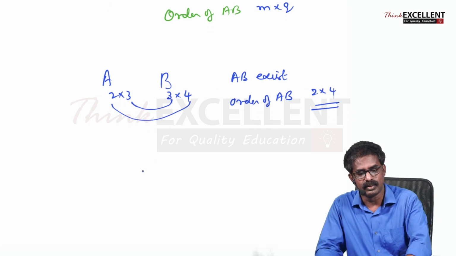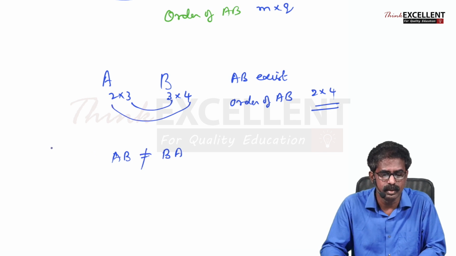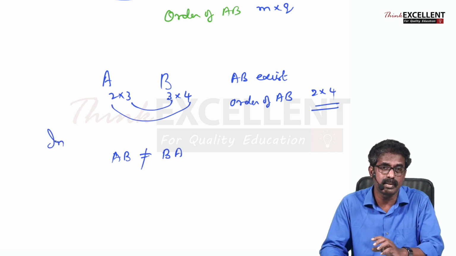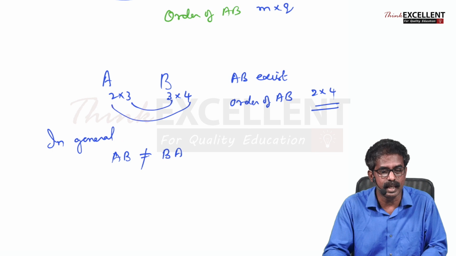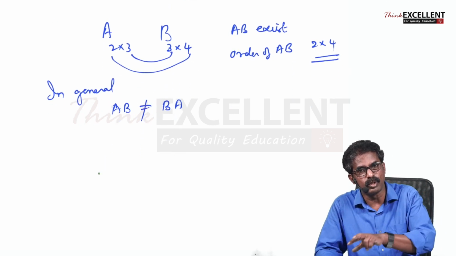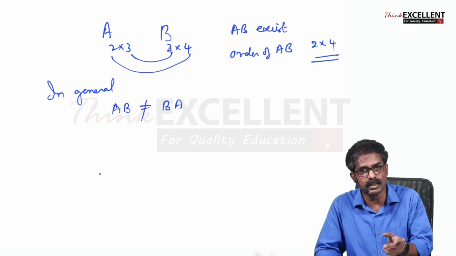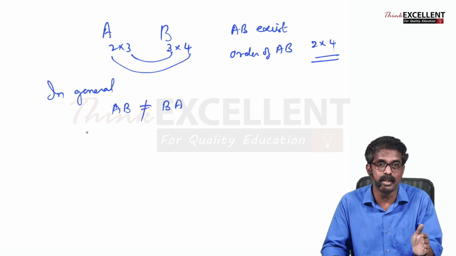Okay, so then another important thing, when you find AB and BA, if you see, in general they are not equal. So rarely, in some special cases they are equal. In general, AB not equal to BA. That means, which property can you say? Suppose AB equal to BA, A plus B equal to B plus A. If we interchange, what's the name of that property? Even in set you studied A union B equal to B union A. Commutative property, right?